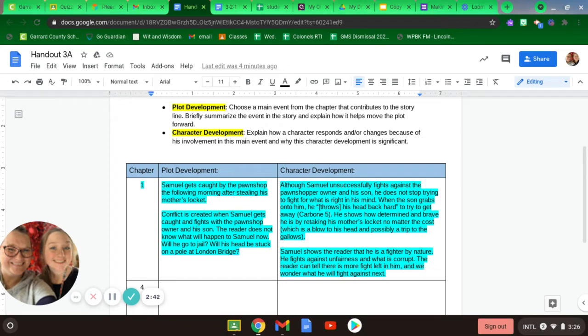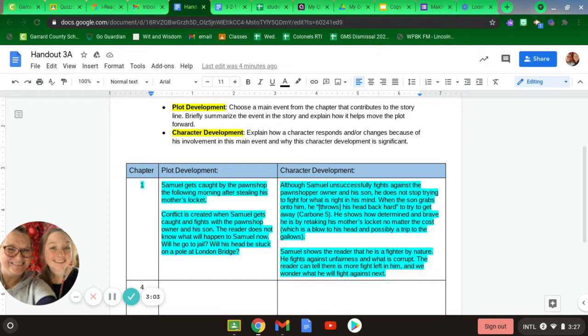So you're going to pick a main event from the chapter, explain and summarize what happened, and how that moves the story forward. And then for character development, in that box, you're going to explain how a character responds or changes because of his involvement in that main event, and tell me why this character development is important or significant.